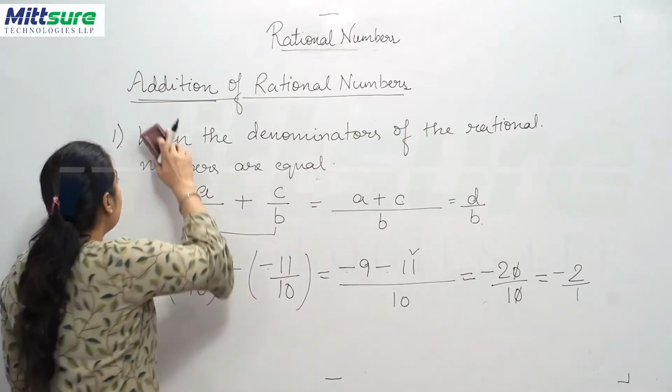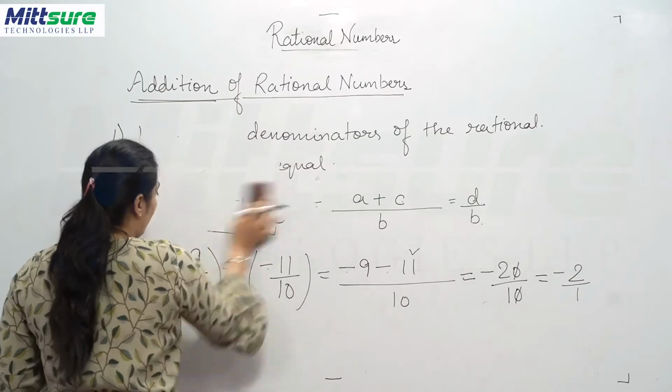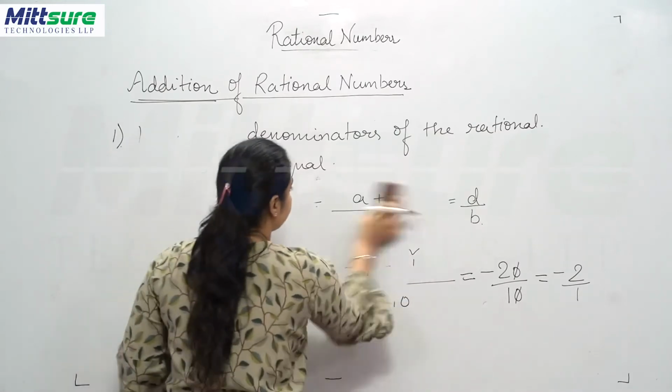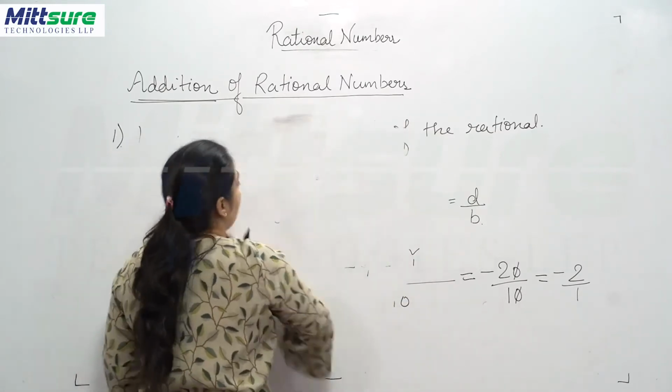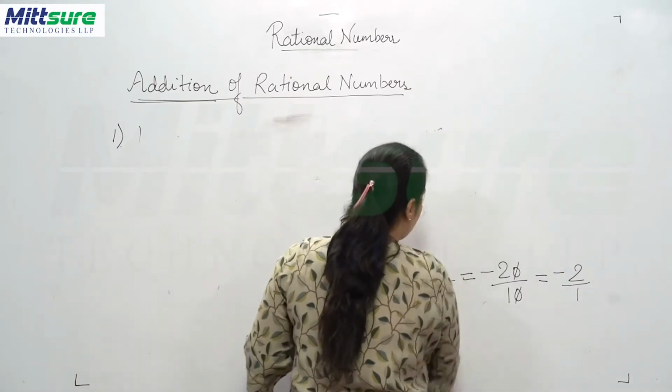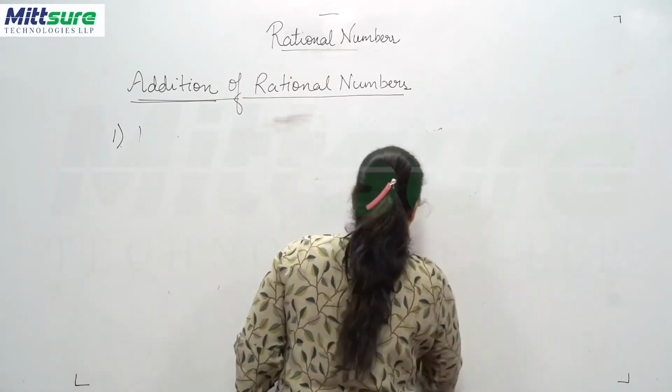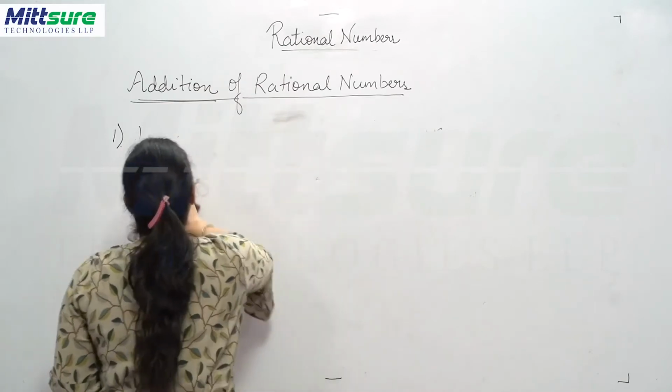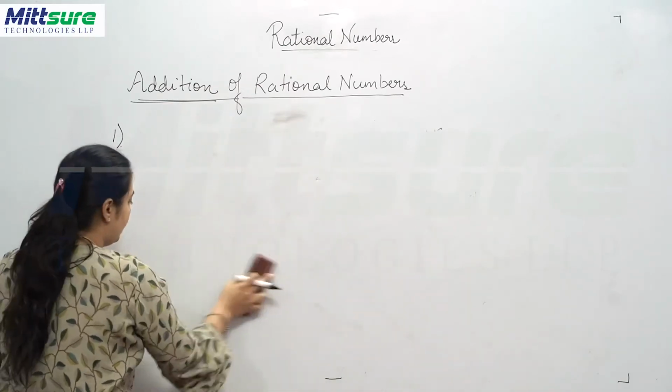The next condition which we will talk about is when one of the rational numbers' denominators is a multiple of the other rational number's denominator. Okay, let's see.